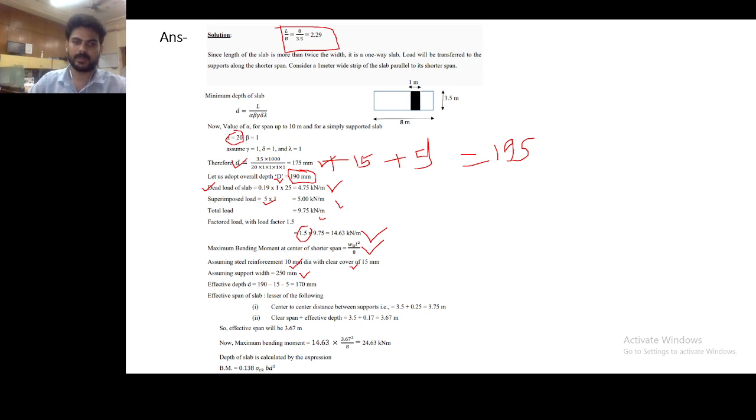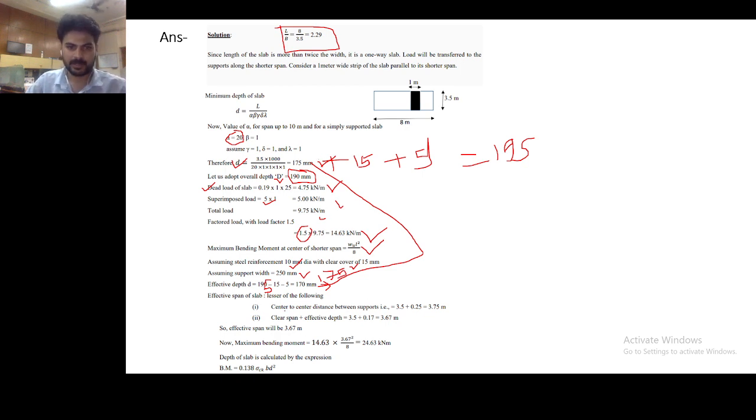See here, they have done the mistake. So if we are considering our example as 195 here, it will become 175 again, and this 175 and this 175 will match.